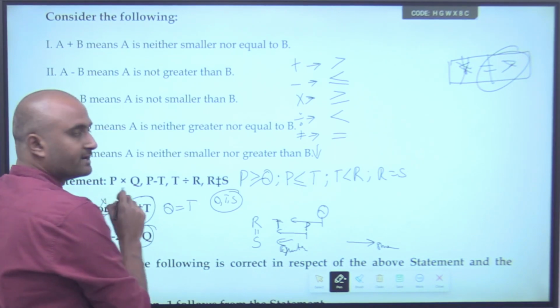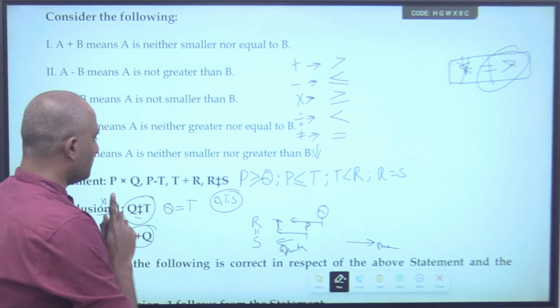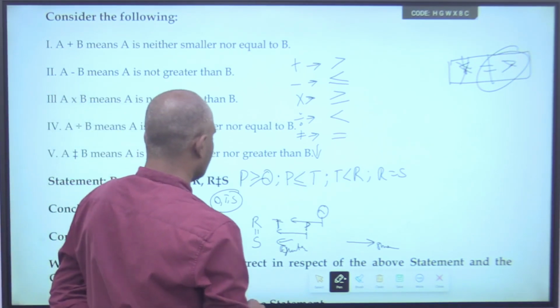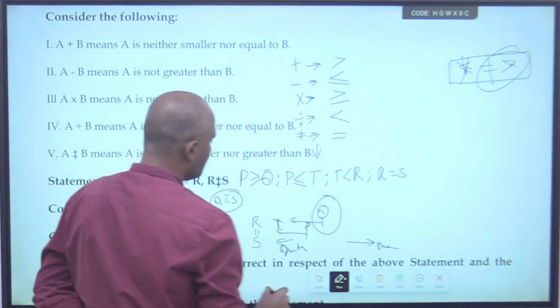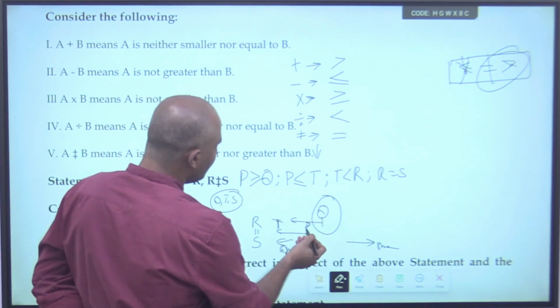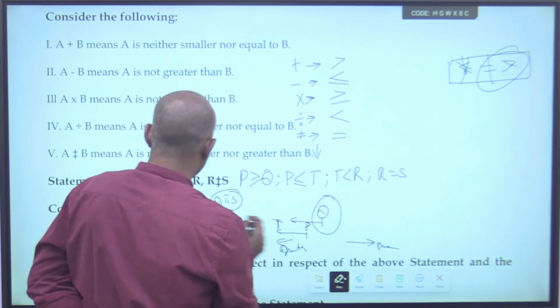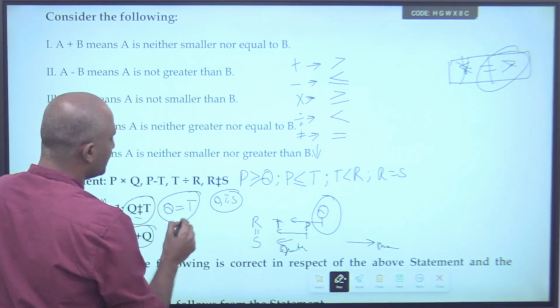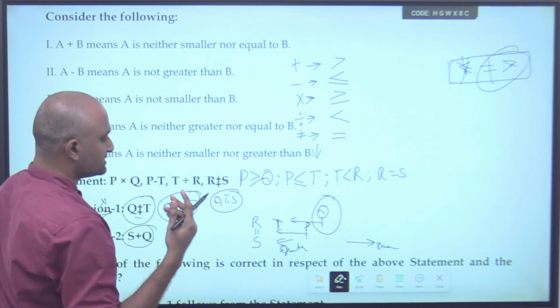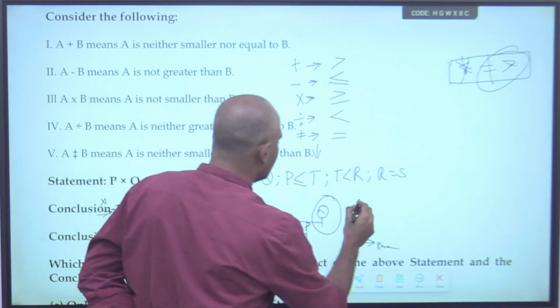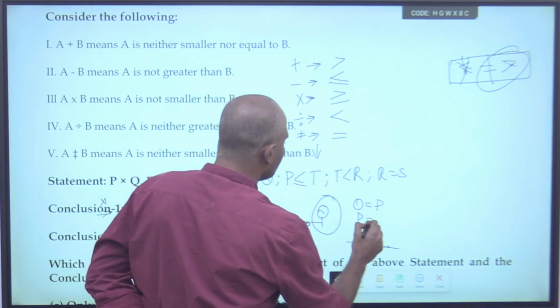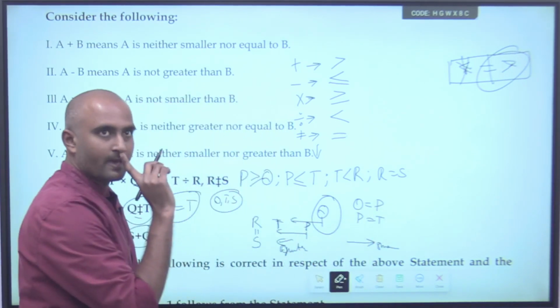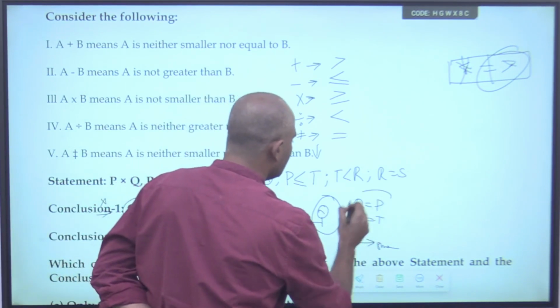We are talking about conclusions, not about possibilities. So, is Q equal to T? Even by seeing itself, for Q to be equal to T, you need to satisfy two assumptions, that Q equals P and P equals T. This needs to happen, then only this will happen.